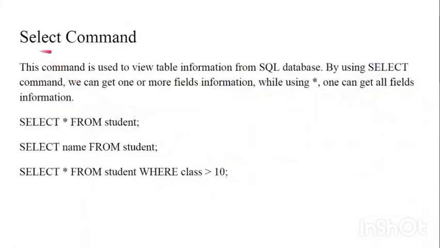Next is the select command. This command is used to view table information from the SQL database. By using the select command, we can get one or more fields' information. While using star, one can get all fields' information.